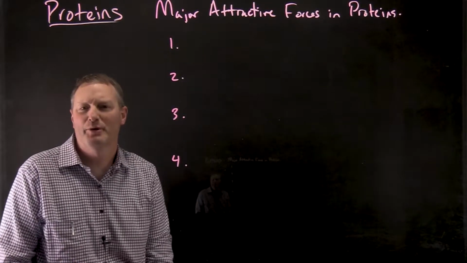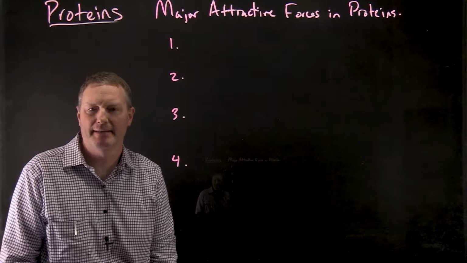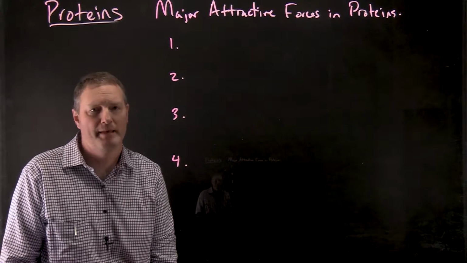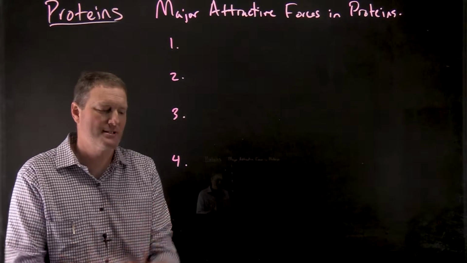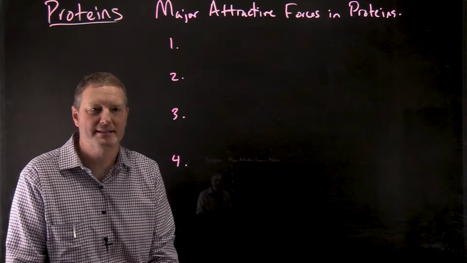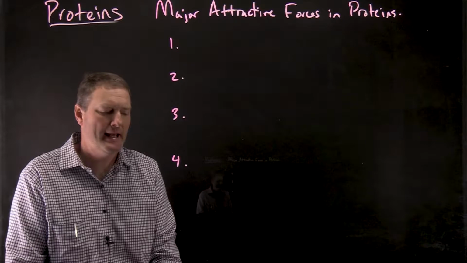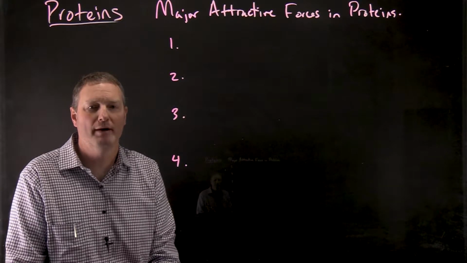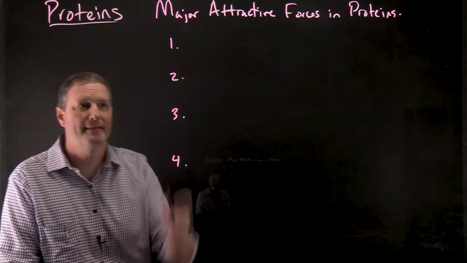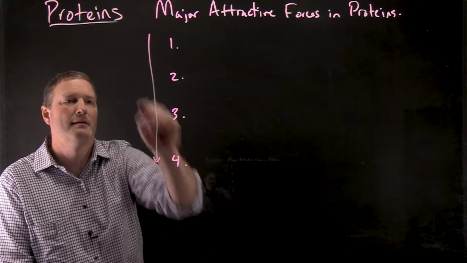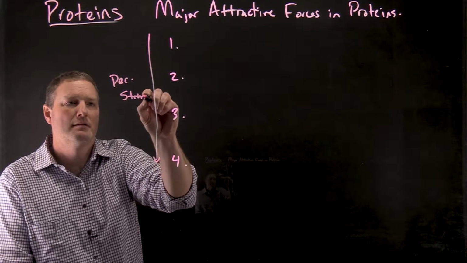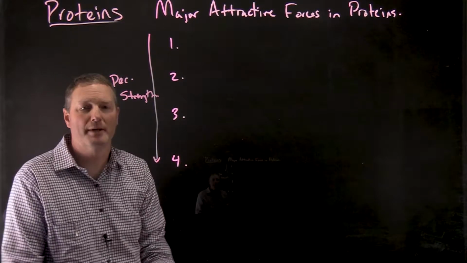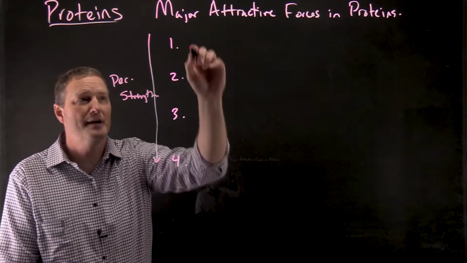So, what is it in proteins that actually causes these to fold? Well, let me list out some of the major attractive forces between amino acids that you would find in proteins. And I'm going to list this in order of decreasing strength. Okay, so the first one that I'm going to mention is what's called a disulfide bond.